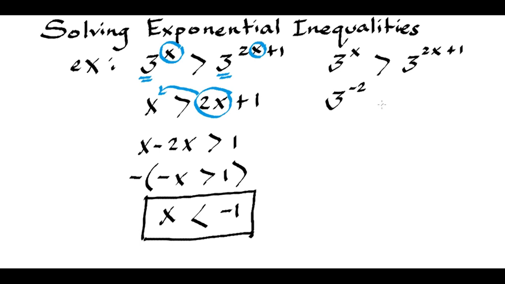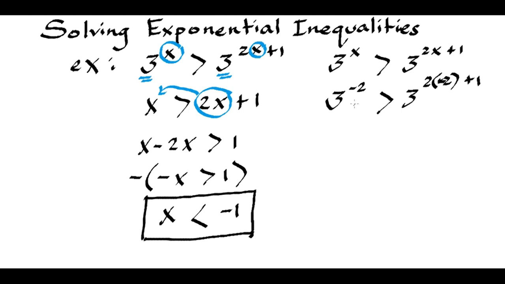Sir, pwede rin ba ang -55? Pwede ba ang -14? Pwede ba ang -20? Pwede. Pero syempre, hindi mo gagamitin dahil mas mahihirapan ka. So gamitin mo na yung pinakamababa para madali. Okay, so that will be greater than 3 to the 2 times -2 plus 1 exponent.